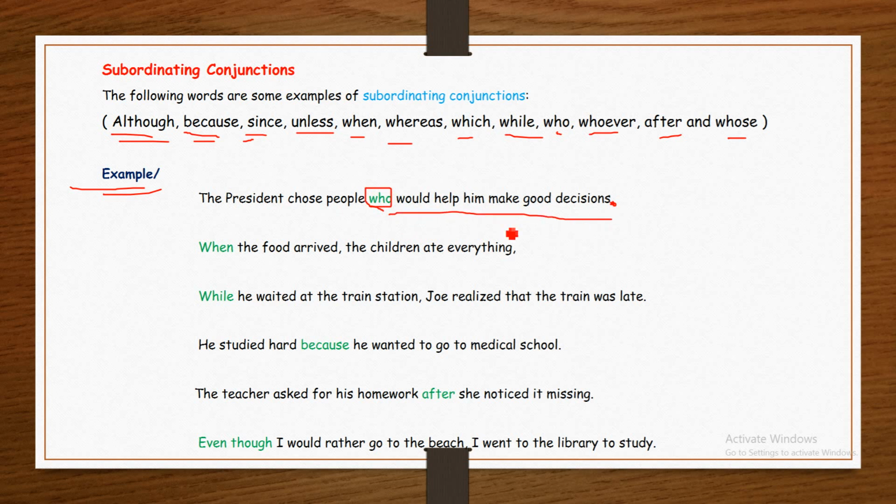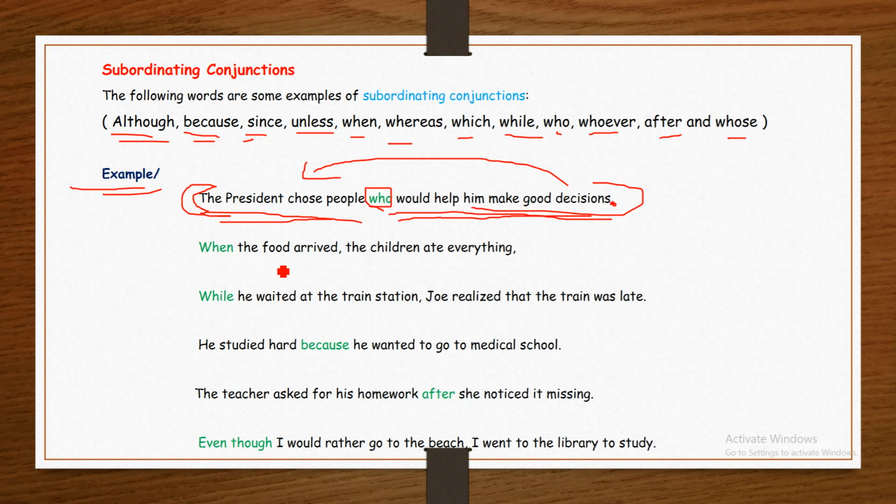Therefore, the clause that contains the subordinating conjunction is a subordinating clause. The independent clause expresses a complete thought, but the subordinating clause doesn't. The meaning of this clause is dependent on this clause. And this is a complex sentence.